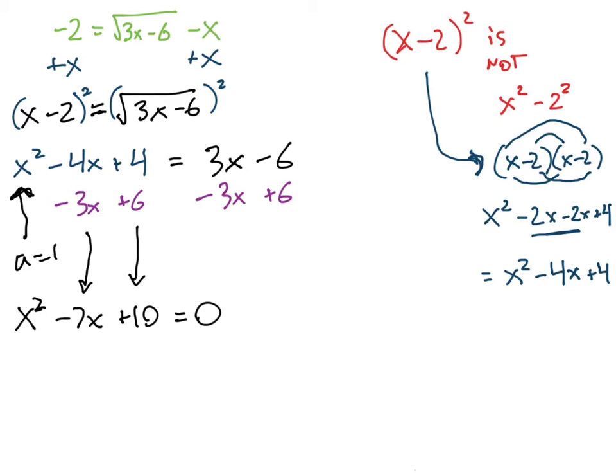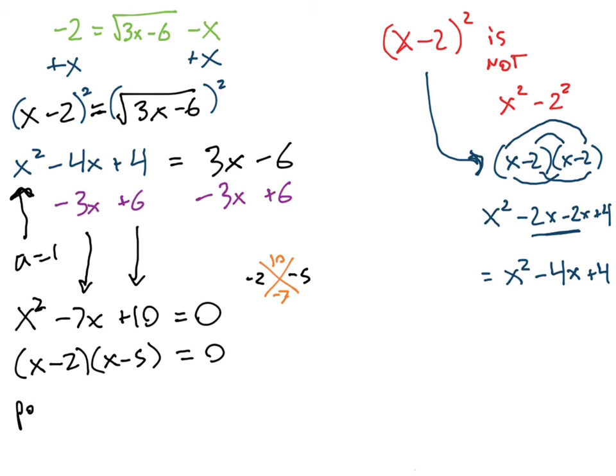If we factor this, then we want to find the solutions to this puzzle. What two numbers will multiply to equal positive 10 and add to equal negative 7? And we can use negative 2 and negative 5 to break that apart. So this becomes x minus 2 times x minus 5 is equal to 0.